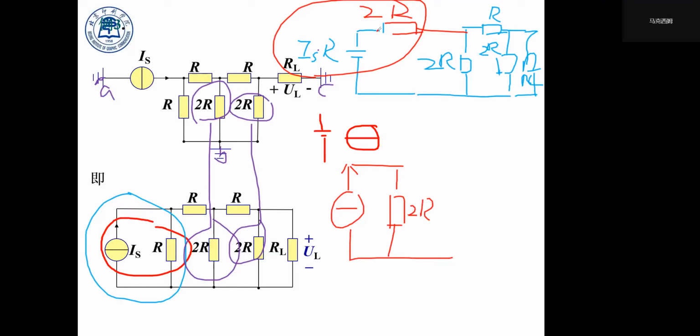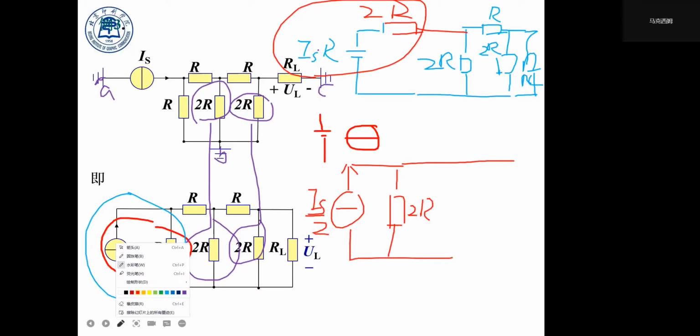And this value is equal to the product of S R over R, so it's only half the value of the original S. So this is the third step that we deal with.